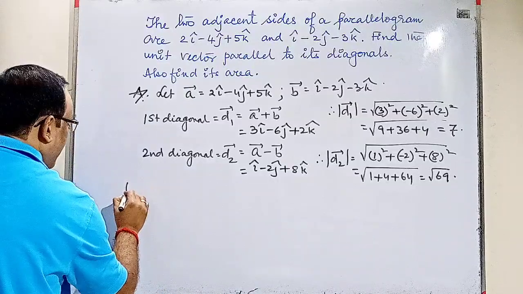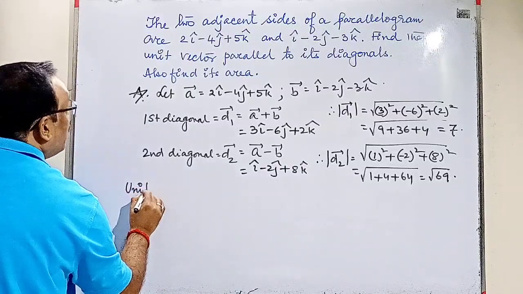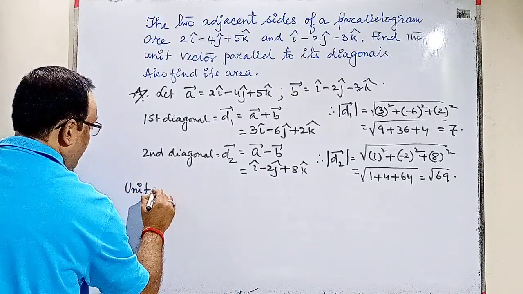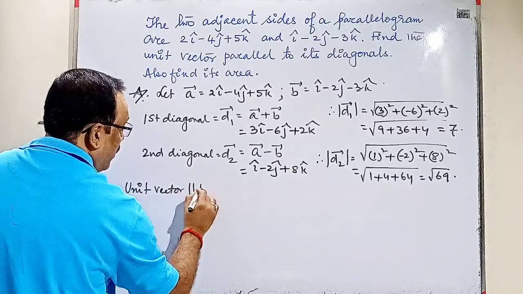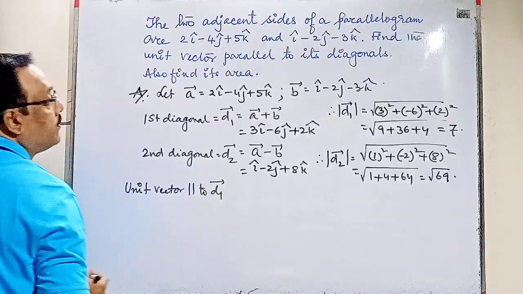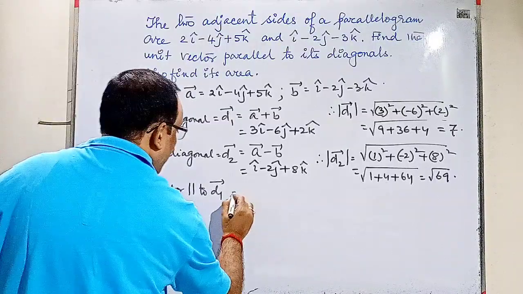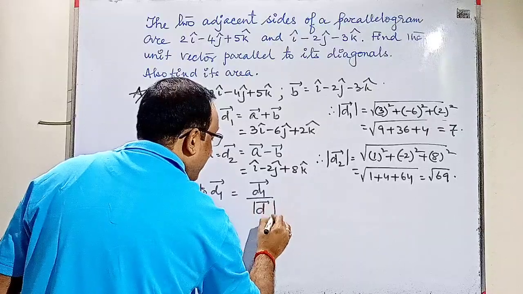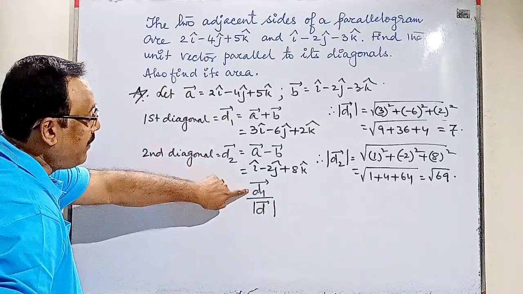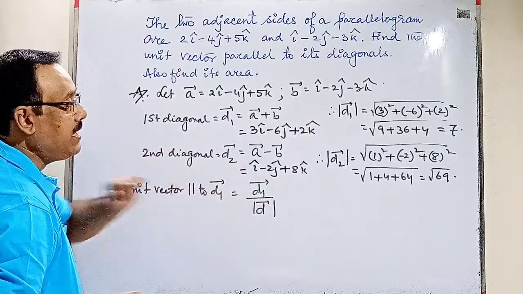Now the unit vector parallel to D1 will be what? It will be D1 by mod D1. Unit vectors are obtained whenever you divide the vector by its magnitude.